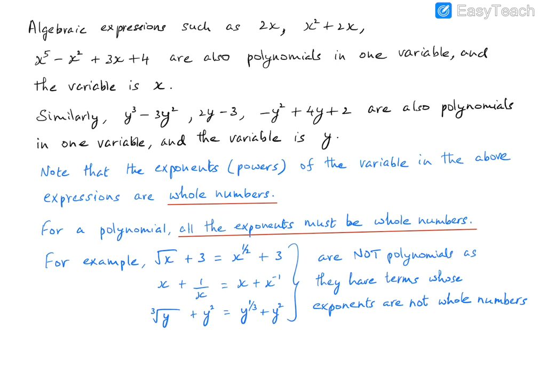Okay, so this is something that we have to remember. For a polynomial, all the terms in the algebraic expression must have exponents or powers which are whole numbers. If even a single term has a power that is not a whole number, then that algebraic expression is not a polynomial.